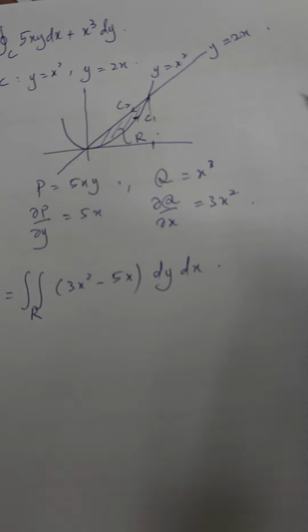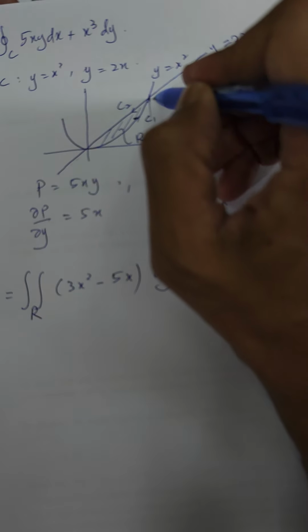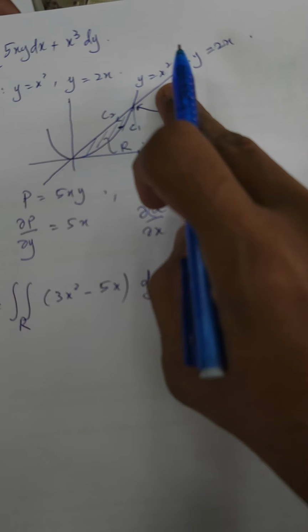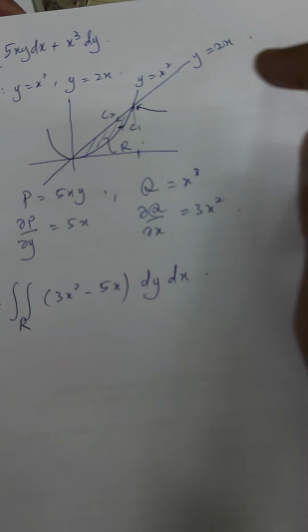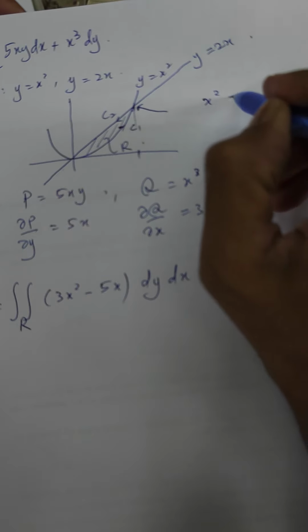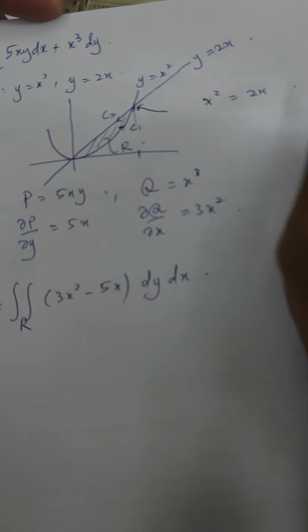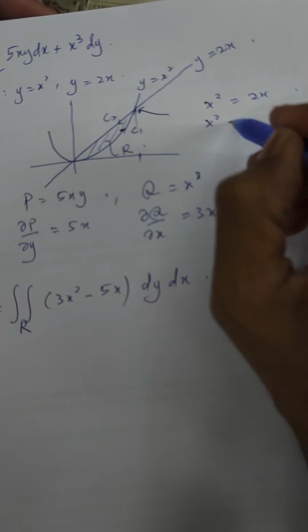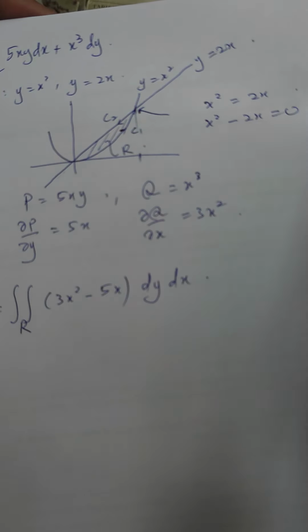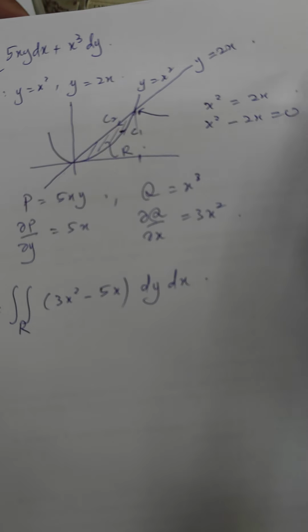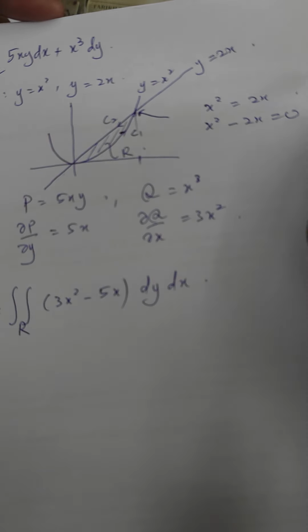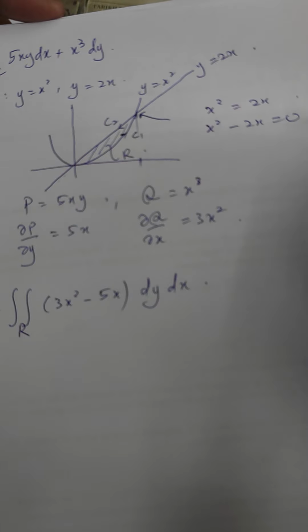Now for the limits of integration, you need to solve this equation to find the points of intersection. So we have y equal to x squared and y equal to 2x, so we have x squared equal to 2x. Right? Do not cancel out. Do not do this: x squared equal to 2x, you cancel that, then x equal to 2.